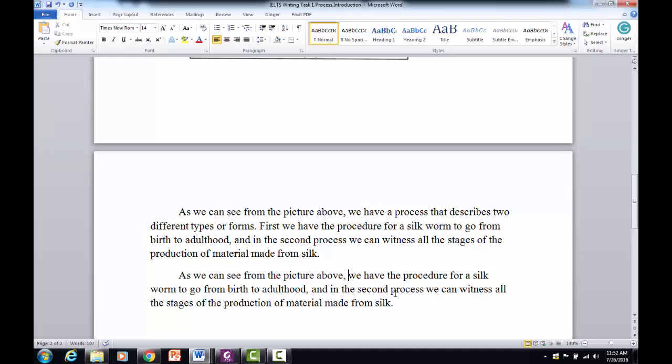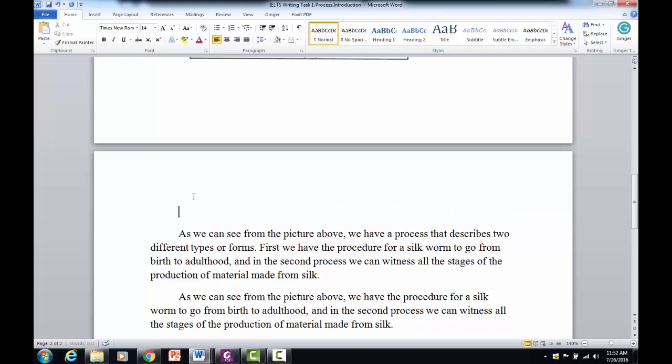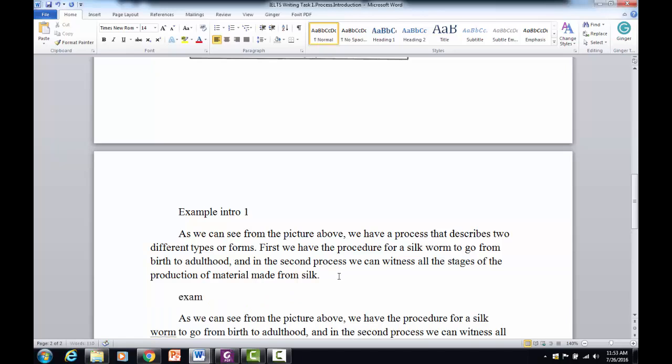In the second process, we can witness all the stages of production of a material made from silk. Either way is fine, right? In example intro one, we did it in two sentences, and in example intro 2, we did it in one sentence.